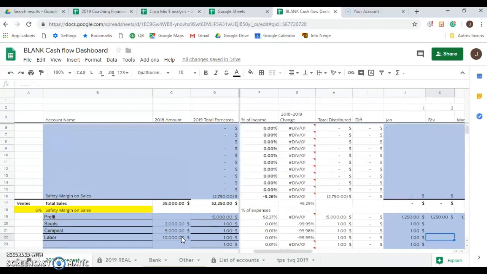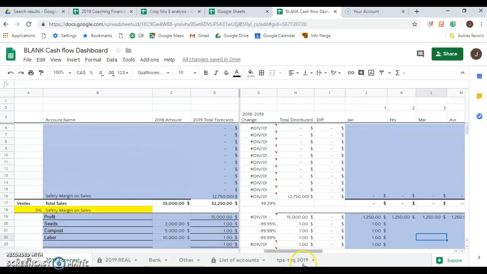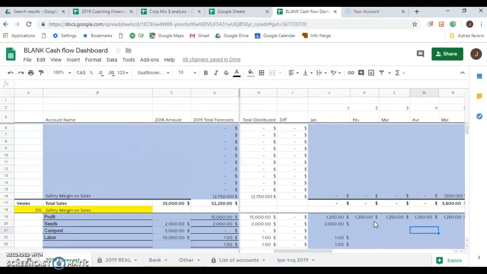And so then we would say, okay, well, when are we going to buy the seeds? Okay, the seeds, it's going to be in January. We're going to do our seed order, $2,000. Our compost, well, I can take that one out because I'm actually going to put a real number at this point. So that's going to be in April. And that would be a little higher actually because seeds last year was 2,000, and since we're increasing, let's say 3,000, and then same here, let's say, okay, we're increasing, boom.